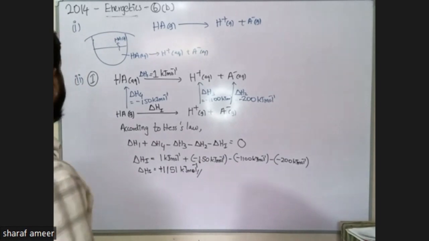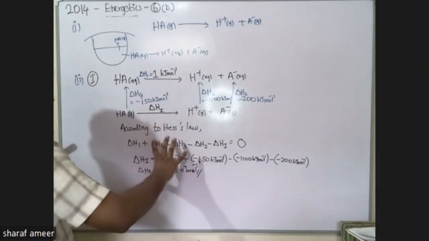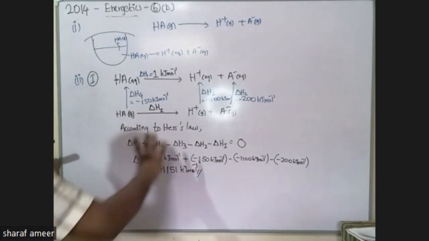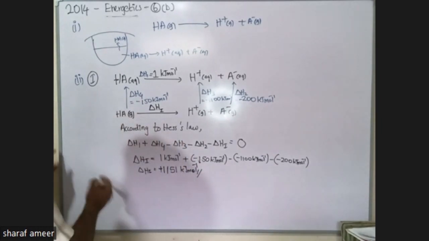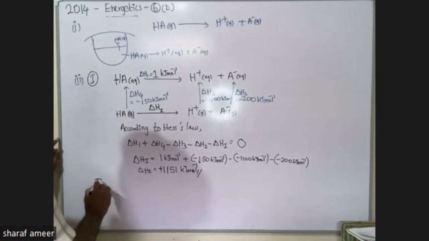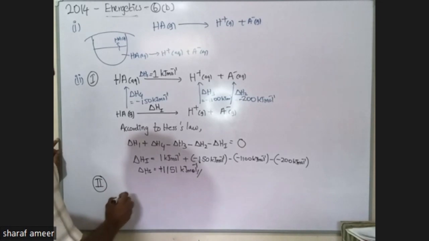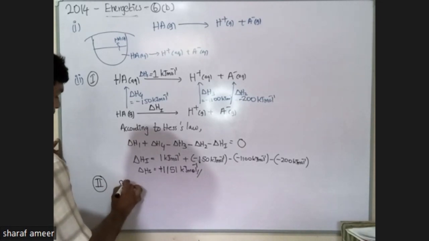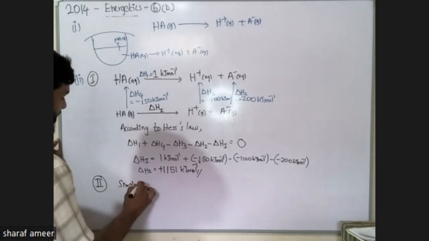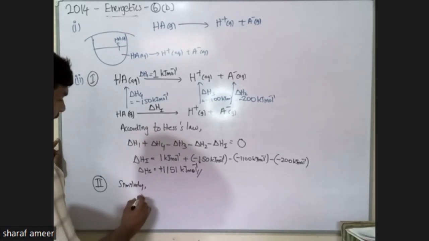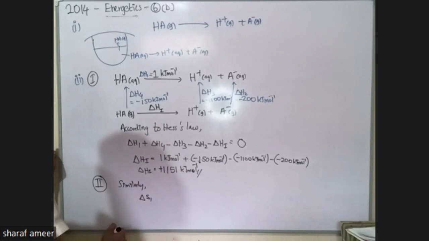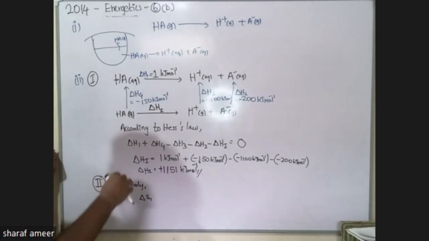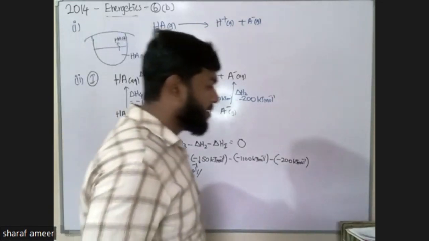Right. Now the same case, just like this Hess law, you can apply the same thing for the second equation. So similarly, delta S1, right? Same way you can apply here. This one, let's say Roman number 1.